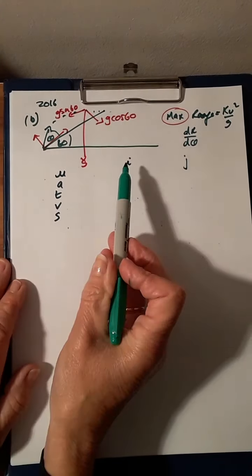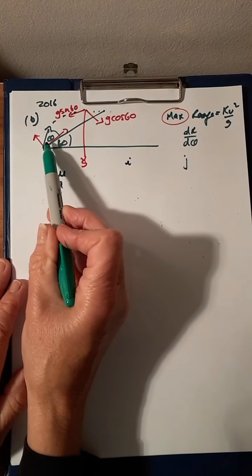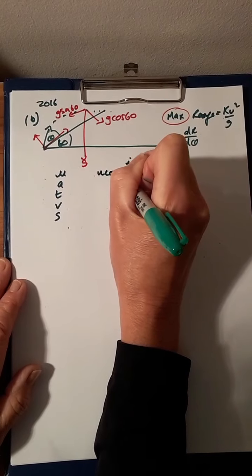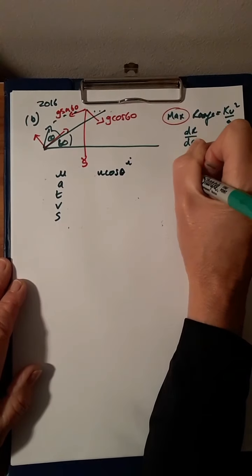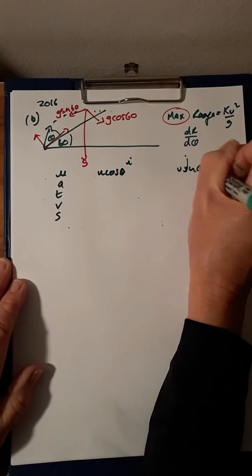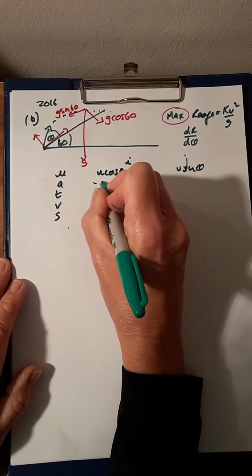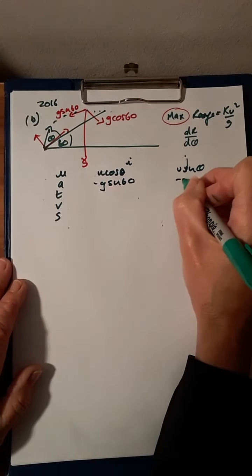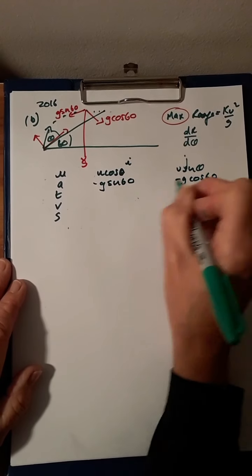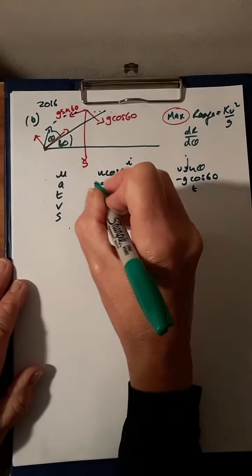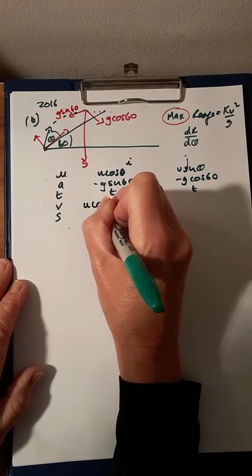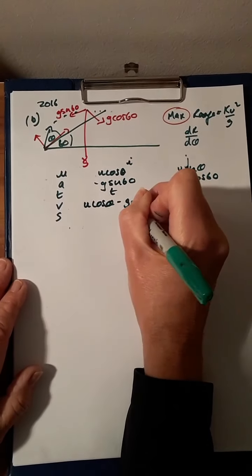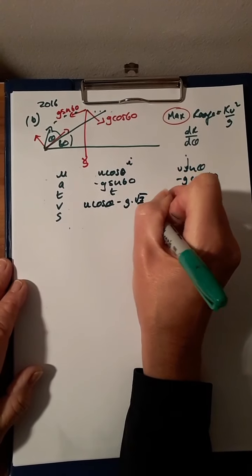So the I component of the velocity is U cos theta. For the J component, of course, would be U sine theta. A is minus G sine 60 in the I direction, minus G cos 60 in the J direction, T is arbitrary. V is equal to U plus AT, and of course the sine of 60 becomes root 3 over 2.